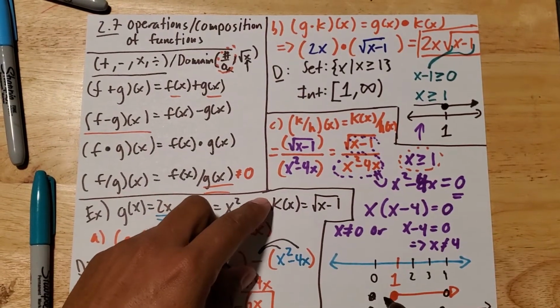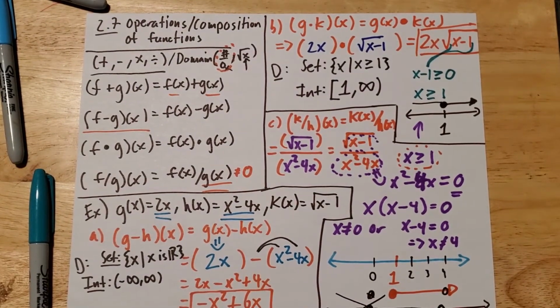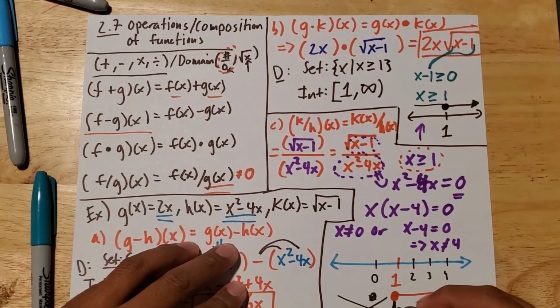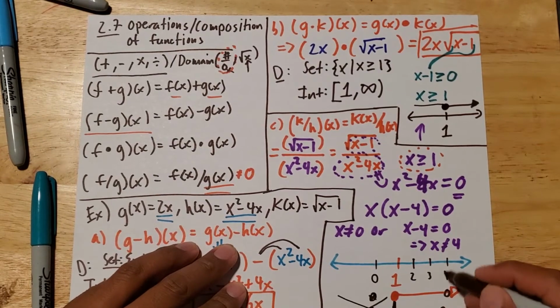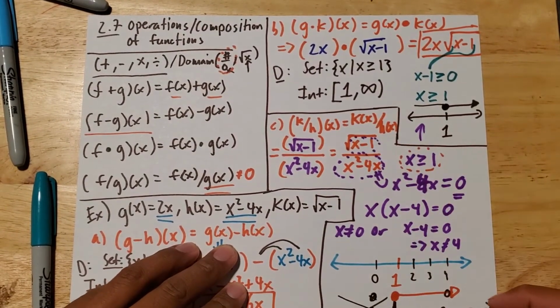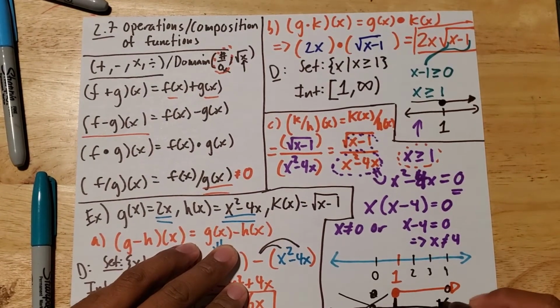So that means you're actually going to get rid of all of these, because the only thing you want is where they overlap each other. So they overlap each other from 1 all the way up to 4, because even though if you plug in 4 in the numerator, it's fine, you can't plug in the denominator. So we're going to have to cancel that one out as well.